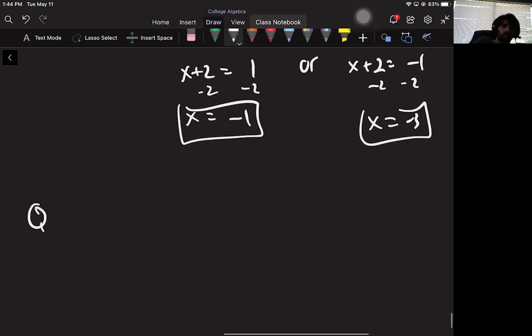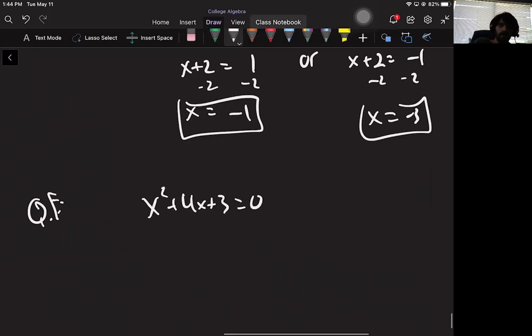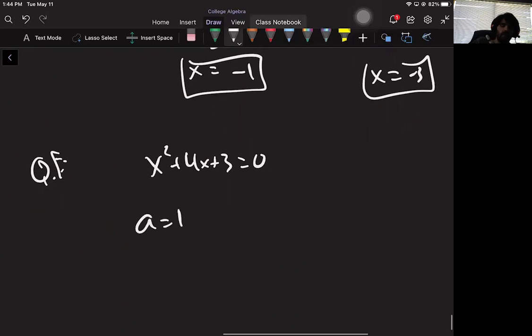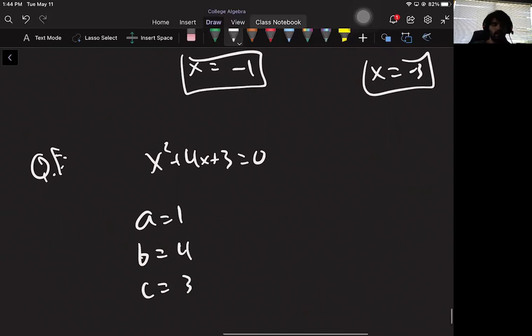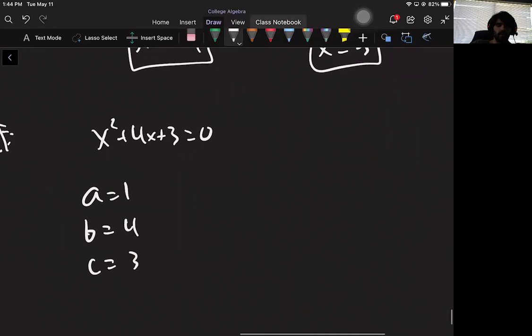And lastly, the quadratic formula. Here, I just have to identify that a is 1, b is 4, and c is 3. So a is 1 because when you don't write a number in front of the x squared, you're multiplying by 1 technically.